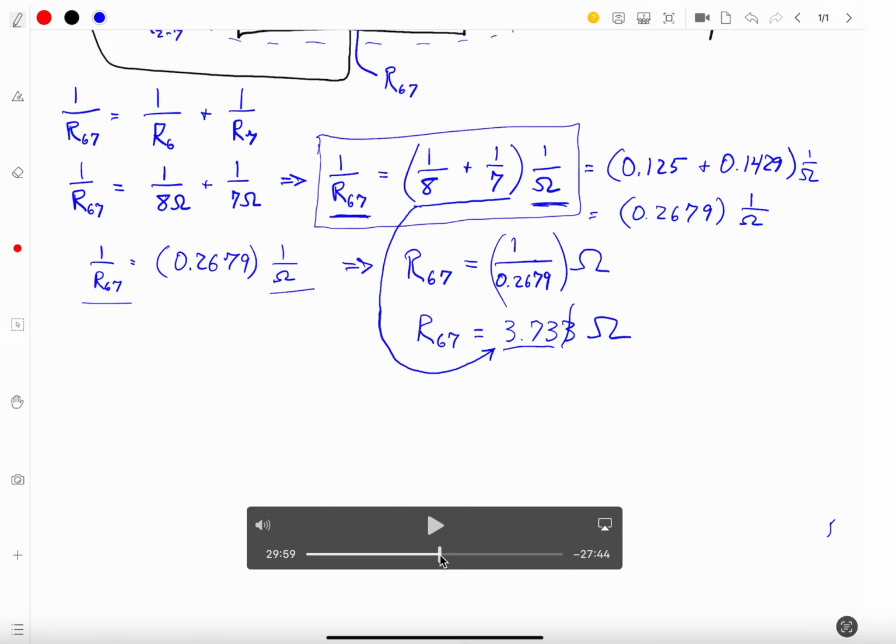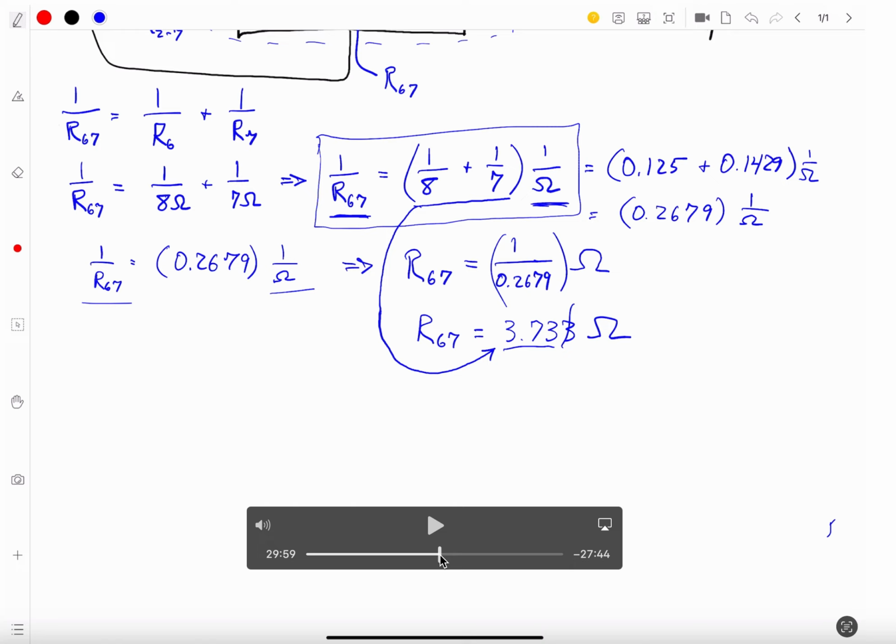1 over R67 equals 0.2679 times our units of 1 over ohms. When you invert it, that goes to 3.73 ohms, okay? So we've inverted the equation.